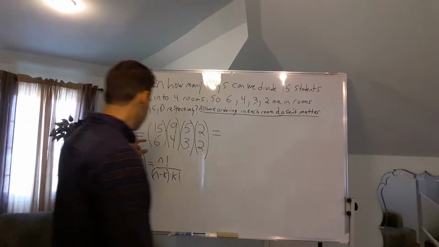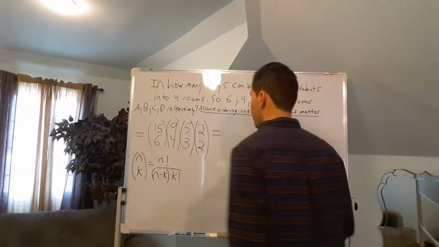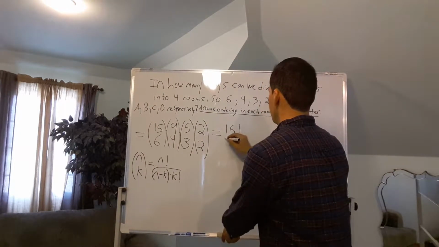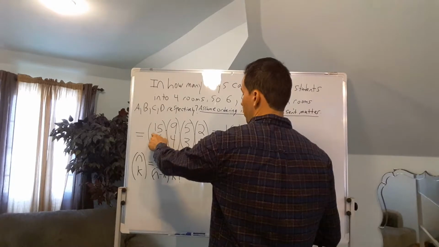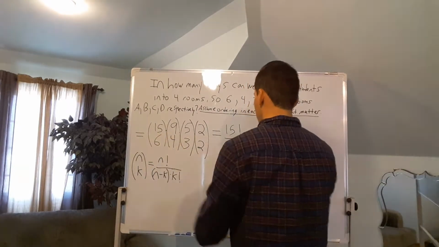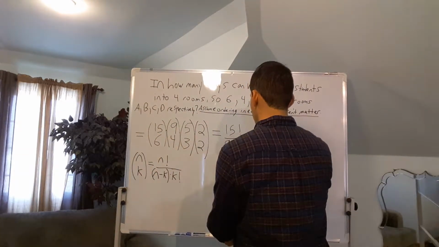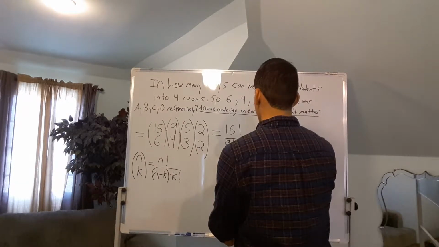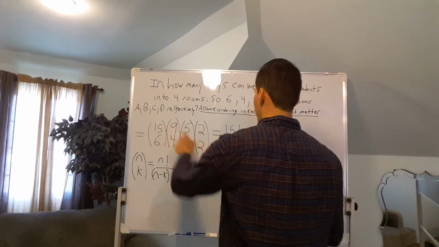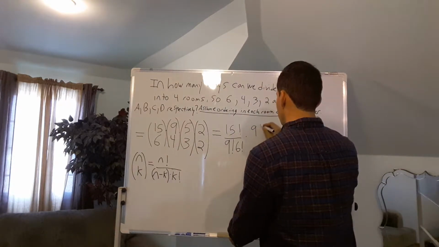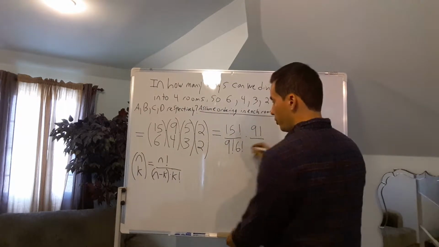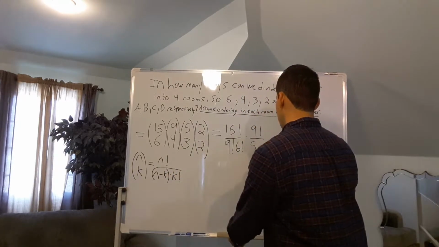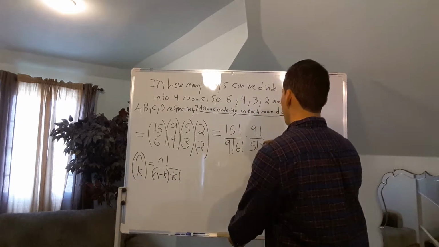So let's write this out. 15 choose 6 is going to be 15 factorial over n minus k, which is 9 factorial, times 6 factorial. 9 choose 4 is going to be 9 factorial over 9 minus 4, 5 factorial, times 4 factorial.